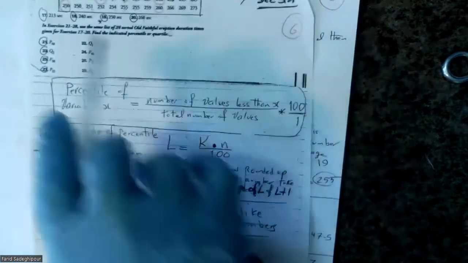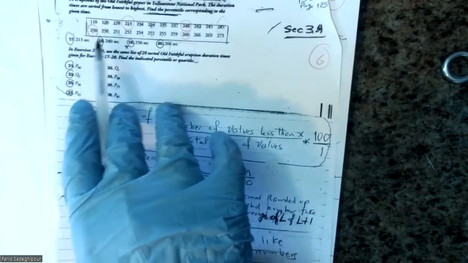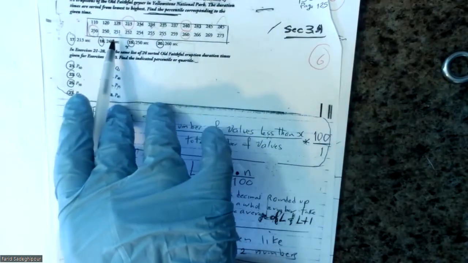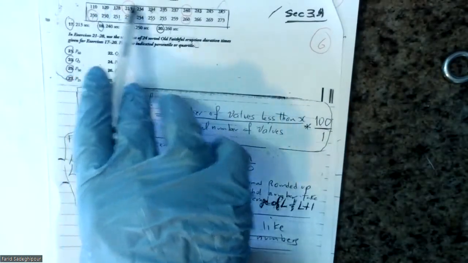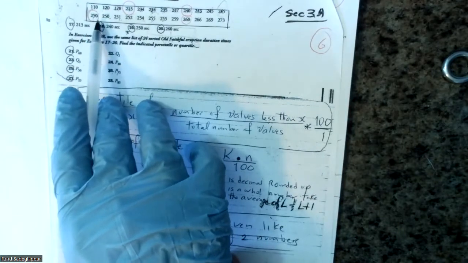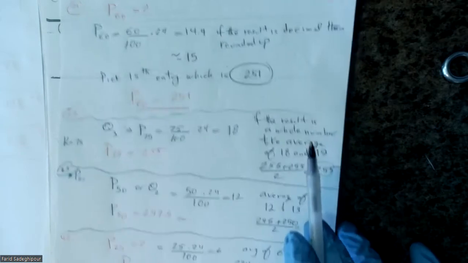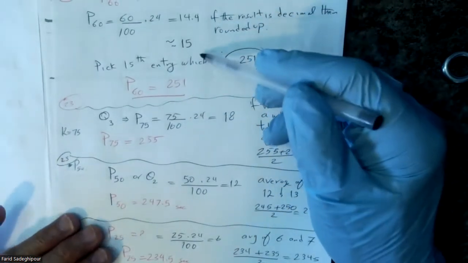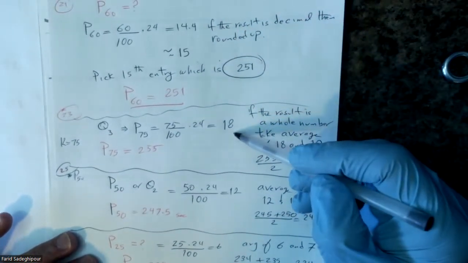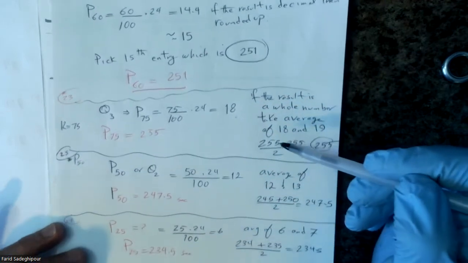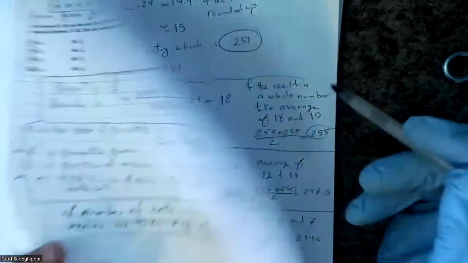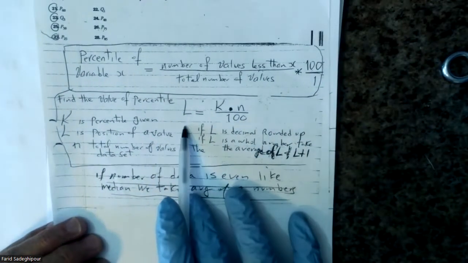Then you start counting and see which number is in position 15. And then you take that one and put it here, which is 251. See, you start counting here 1, 2, 3, 4, 5, 12, 13, 14, 15. That's how you find your number. So remember, if it's a decimal number, you round it up. If it's a whole number, you have to take the average of that number and the next. This is just in case you want to find the value.